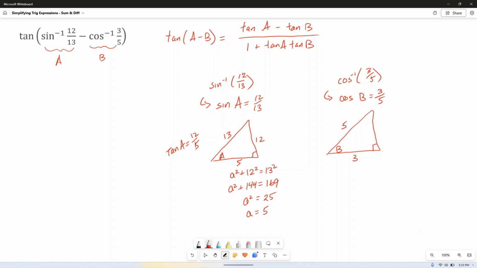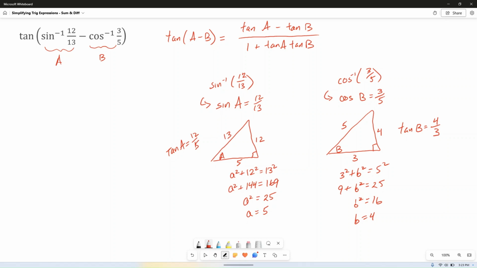And so we can again do the Pythagorean theorem. 3 squared plus b squared has to equal 5 squared. 9 plus b squared has to be 25, which means b squared has to be 16. So b has to be 4. So I now know all three sides of the triangle, and that means I can figure out the tangent of B. Tangent is the opposite over the adjacent, so 4/3. That gives me everything I need.